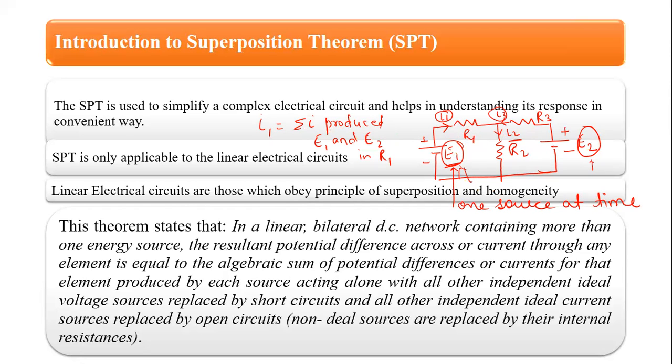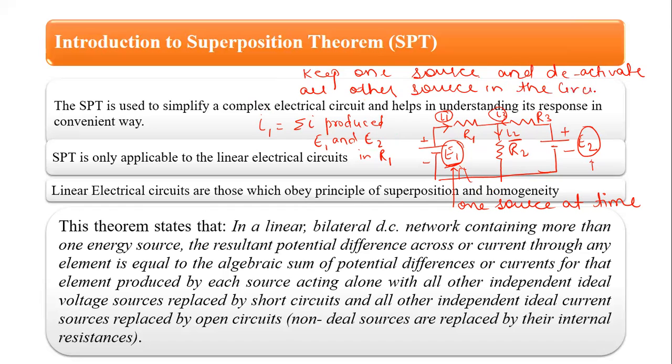Now when we say deactivation of the sources, that means keep one source and deactivate all other sources in the circuit. A similar step would be applied for each and every source.